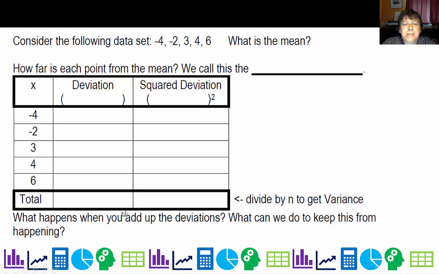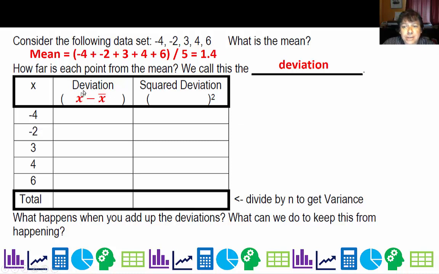Let's take a look at this data set: -4, -2, 3, 4, and 6. What is the mean? We'll do that the simple way: add everything up, divide by how many points there are, and we get 1.4. Then we calculate how far each point is from the mean, and we call this the deviation.